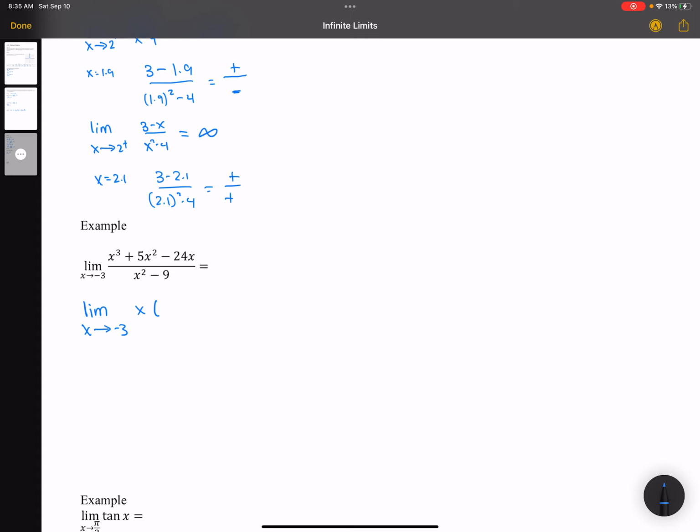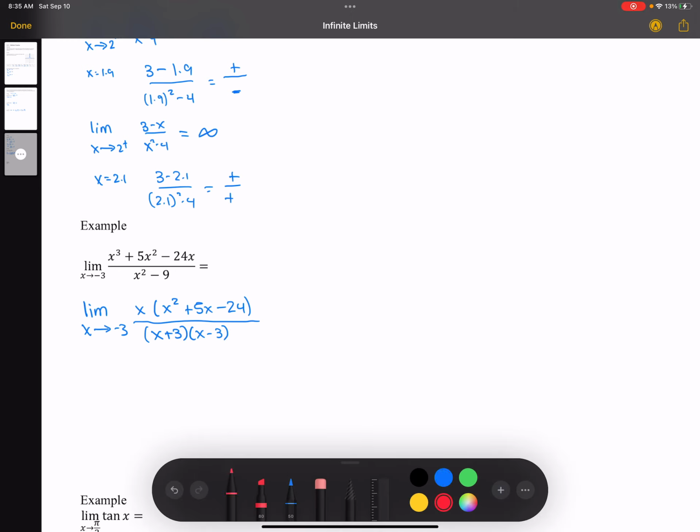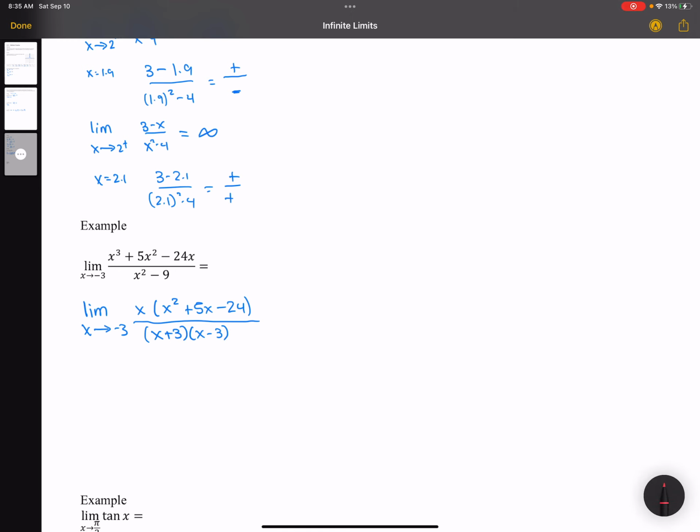So that's going to give us x times (x squared plus 5x minus 24). And in the denominator, we would get (x plus 3) times (x minus 3). We can factor the x squared plus 5x minus 24 to actually be (x plus 8) times (x minus 3).